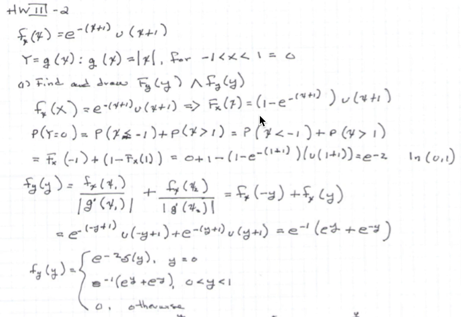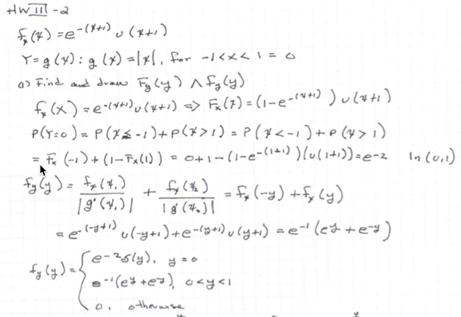extracted distribution function, we then apply it to the proposed random variable y equal to 0. In doing so, the probability of x less than or equal to minus 1 plus the probability of the random variable x greater than 1 is equal to the probability of x less than or equal to minus 1 plus the probability of x greater than 1.